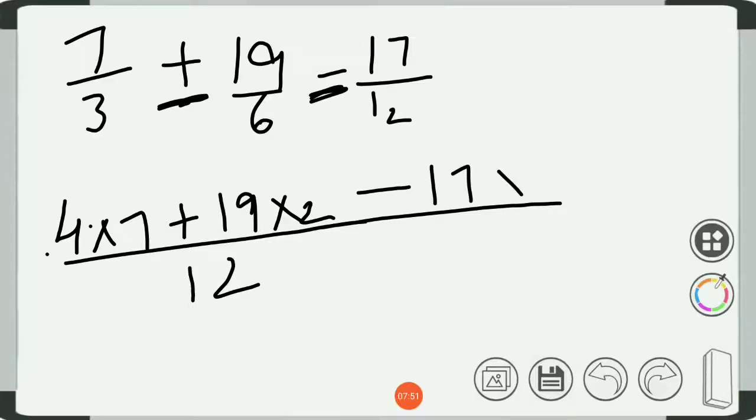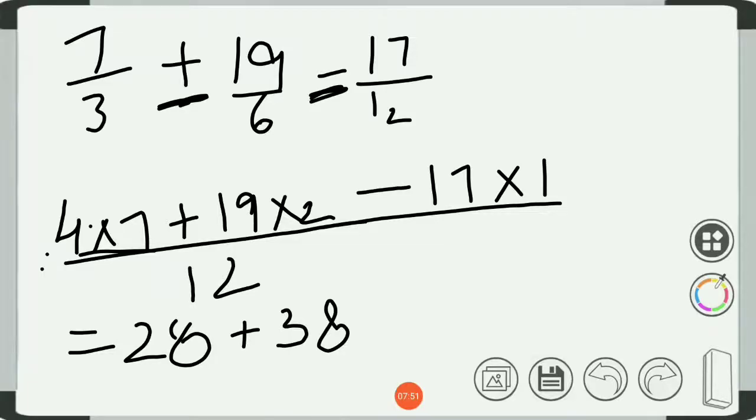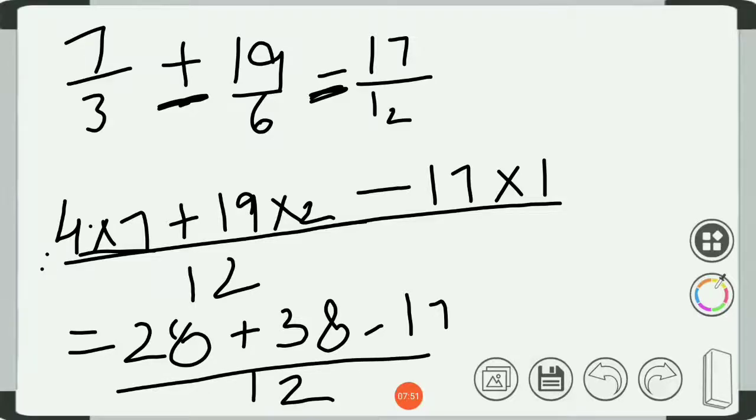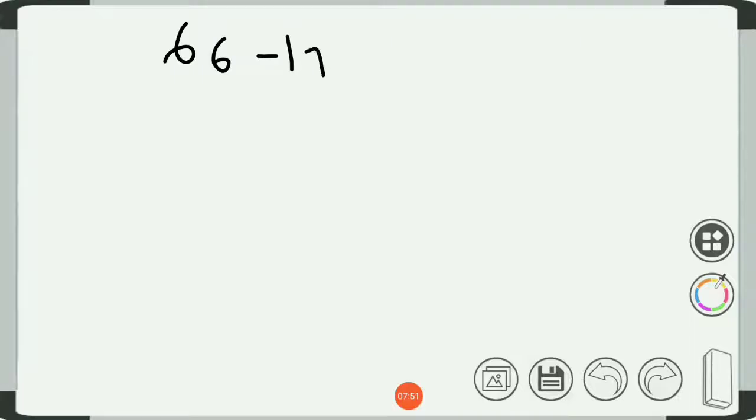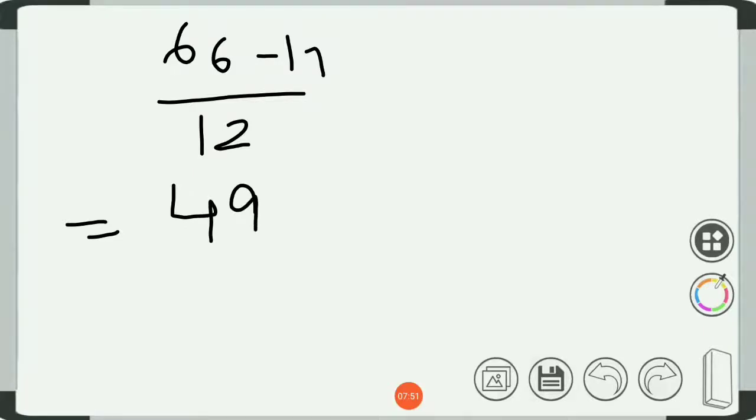Multiply 17 with 1. Now 7 4s are 28 plus 19 2s are 38 minus 17 ones are 17 upon 12. You got 66 minus 17 upon 12. Subtracted, the resultant would be 49 upon 12.